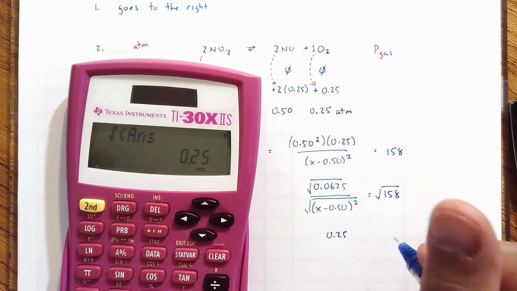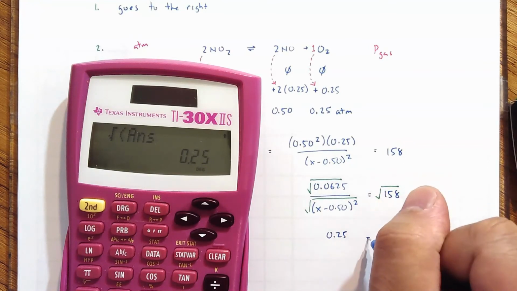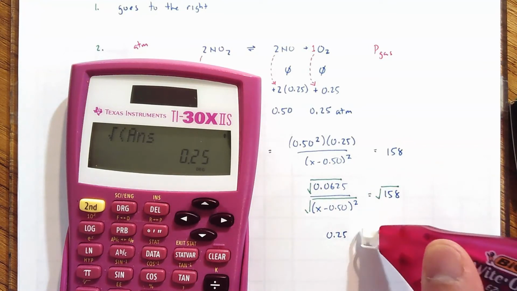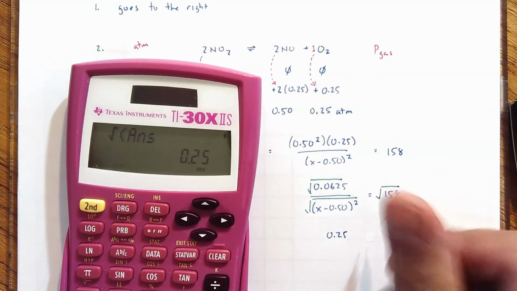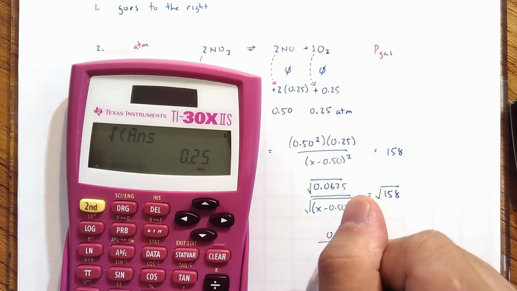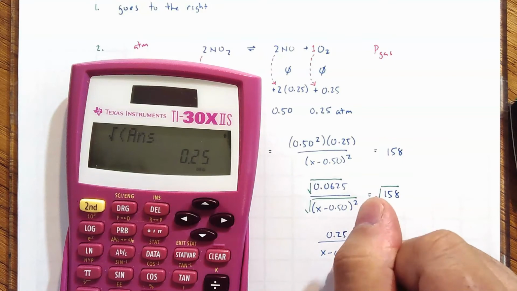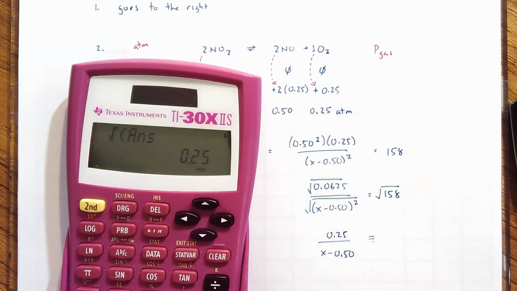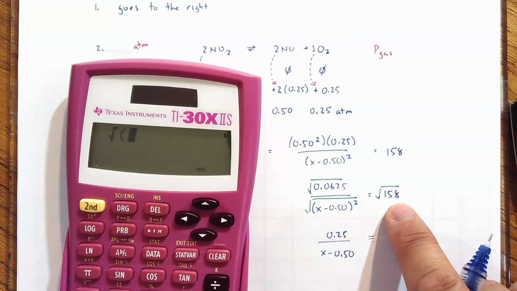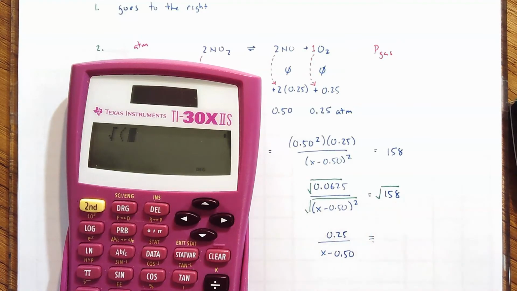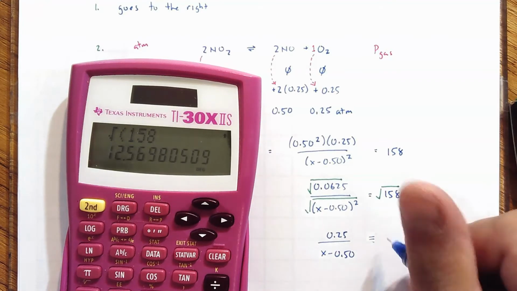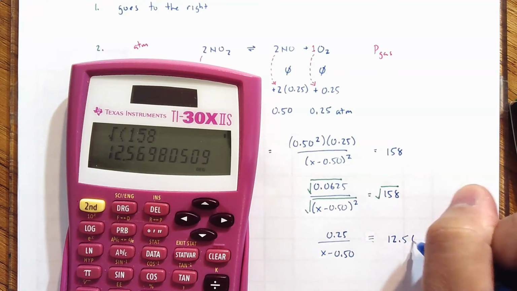So we have 0.25. The denominator is now x minus 0.50, and our KP, the square root of 158, is 12.56.